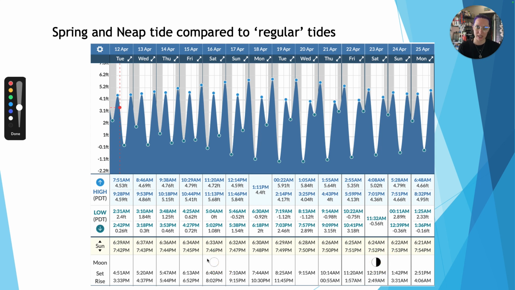And notice, much like a lot of things in earth science, it's not an instantaneous reaction, right? So notice when we have a full moon, which in this case is April 16th, we don't see the peak of this spring tide until basically between the 18th and 19th of April. So it's not an immediate thing. It's not like every full moon will be the highest of the high tide. Not necessarily. I just thought that was interesting.